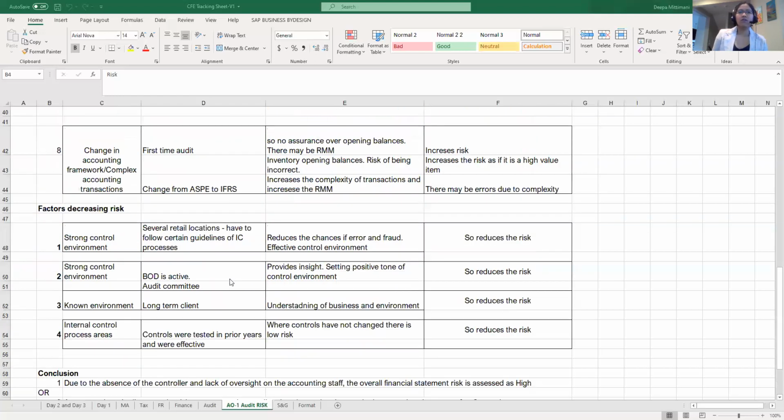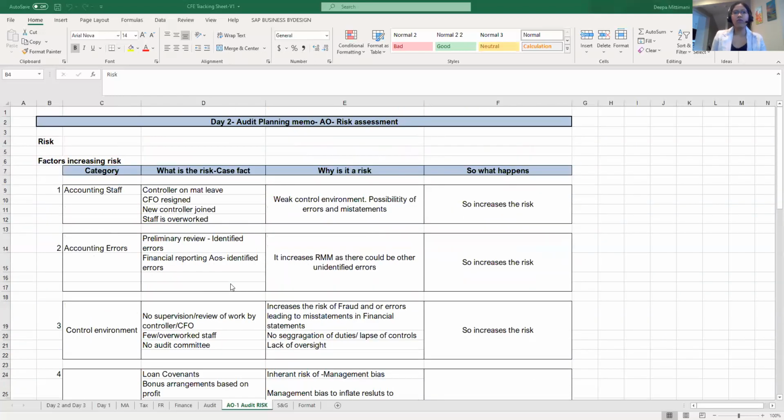And a very important point is these three sentences: what is the risk with the case fact, why it is a risk, and so what happens. This is a very repetitive AO, which could easily give you a score of C or CD. If you cover all the risk factors, it goes to CD.